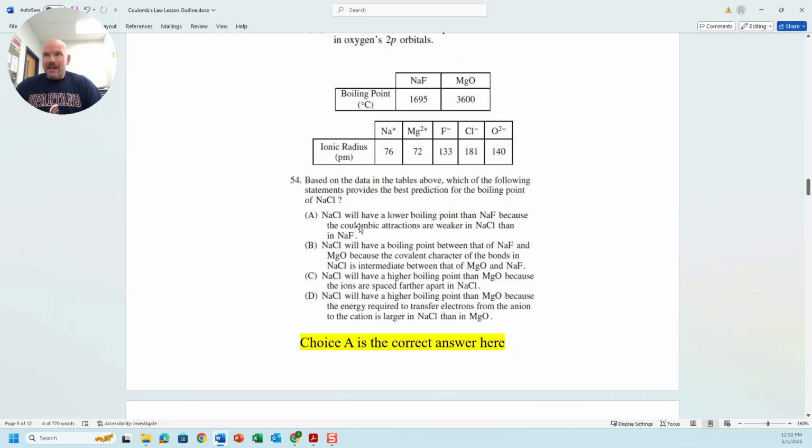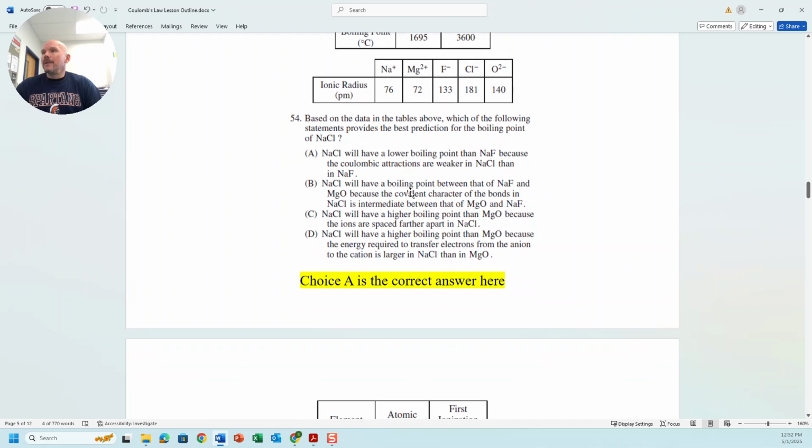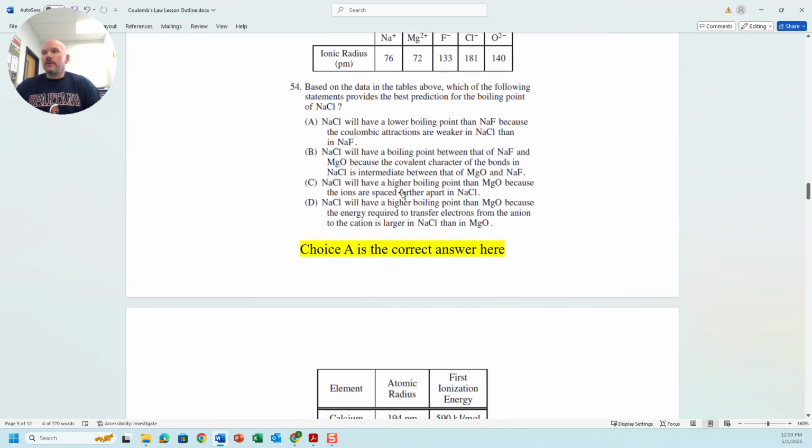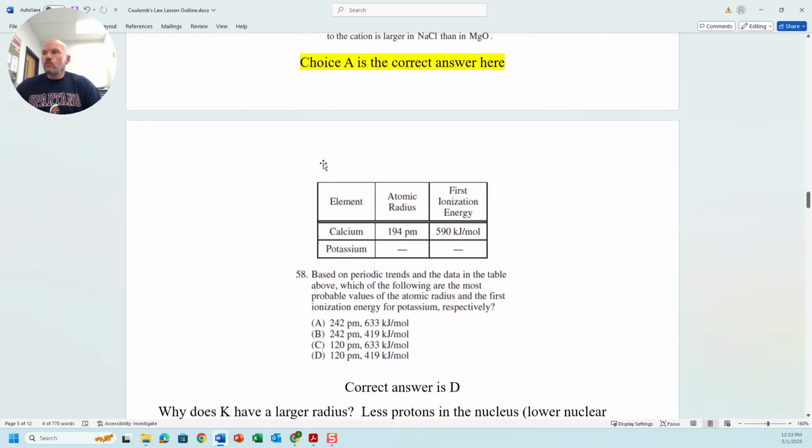So obviously that has to be the right explanation. Maybe they could trick you and use the word atomic radius instead of ionic radius, and we want to make sure we're dealing with ions, so we would say ionic radius and not atomic radius, but they don't get that tricky all the time on the AP exam, okay?